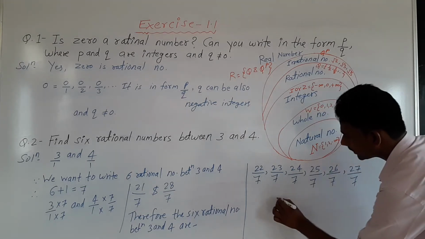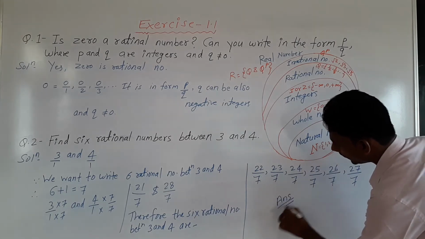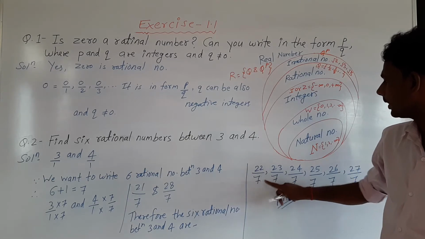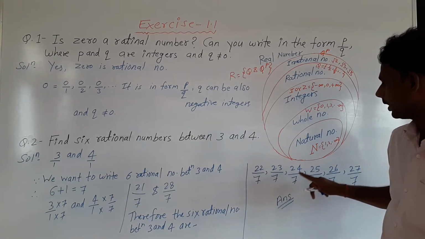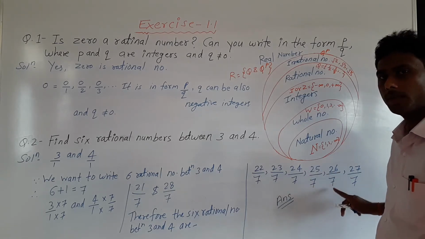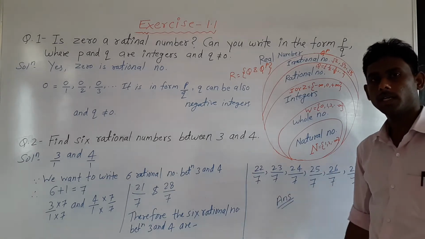This is the final answer. The 6 rational numbers are 22 upon 7, 23 upon 7, 24 upon 7, 25 upon 7, 26 upon 7, and 27 upon 7.